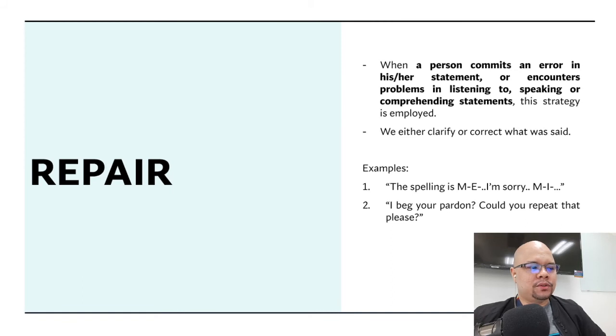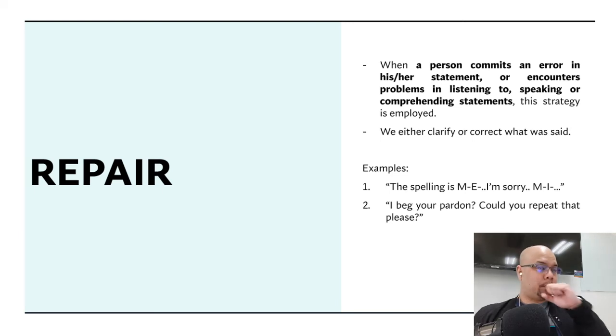Okay, let's go to the second to the last strategy, which is repair. Now, repair occurs during the conversation. This happens when a person commits an error in his or her statement or encounters problems in listening, speaking, or comprehension based on the statements given.